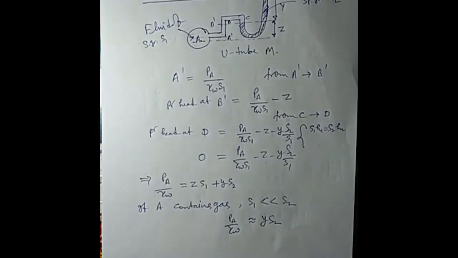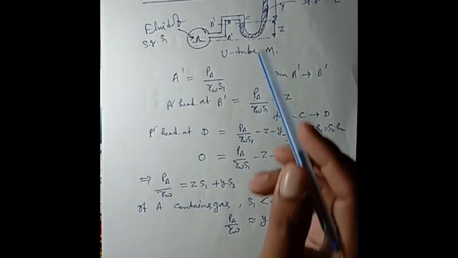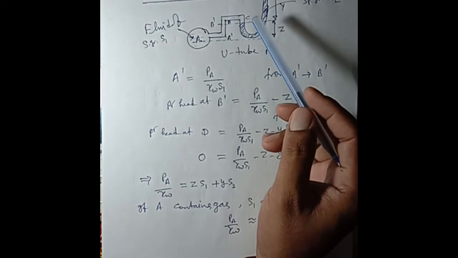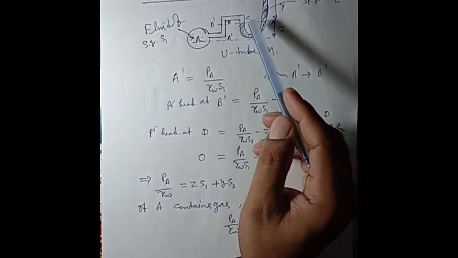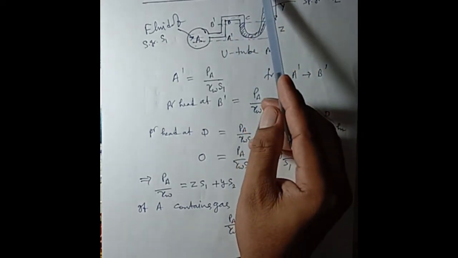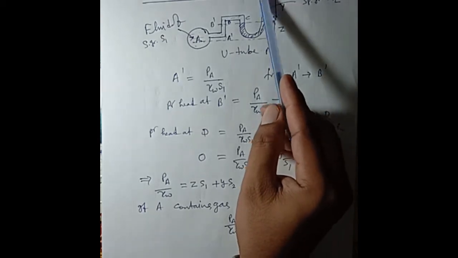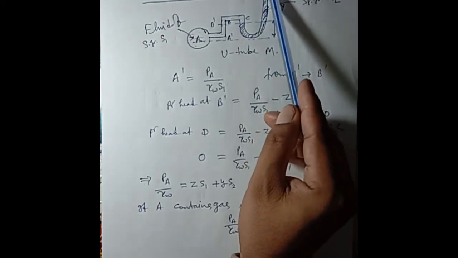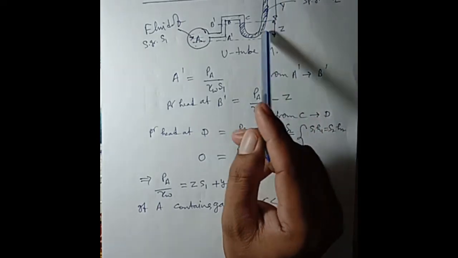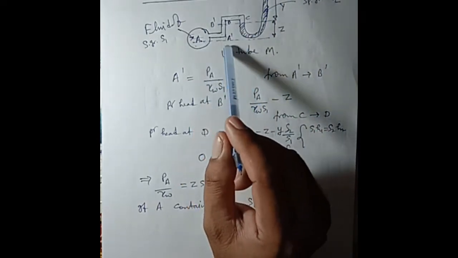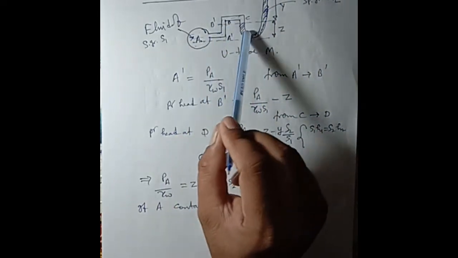In the previous lecture, we saw some major faults in U-tube manometers. This is the U-tube manometer. In the U-tube manometer, the tube is free to contact atmospheric pressure, and two types of fluid are filled in it.